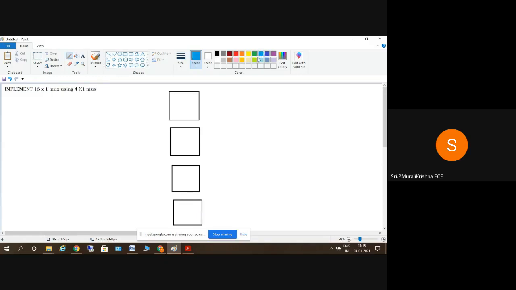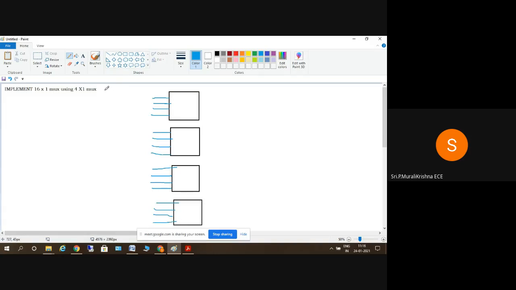So we'll have two selection lines, and each multiplexer has 4 inputs: 1, 2, 3, 4.